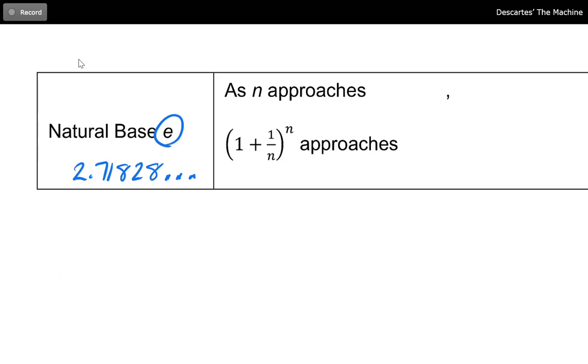Now, there are a couple of different ways to actually define E. I've seen it done at least twice. There are 2 different ones that I'm aware of. Maybe there's more. But this is the more common one.